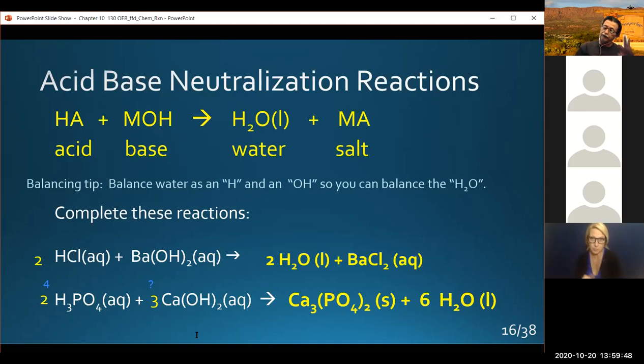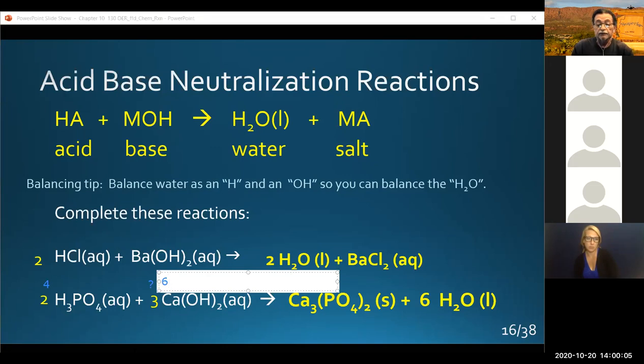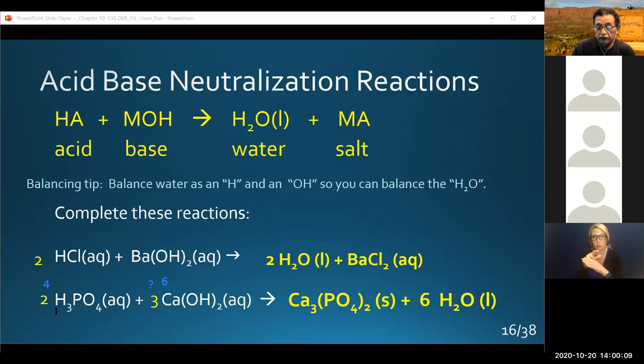If I have 4 phosphoric acids, can you tell me how many calcium hydroxides I need? 6. Okay, 6. Yeah, exactly. I need 6 of them because my ratio is 2 to 3. So if I'm given 4, then I'm going to need 6 calcium hydroxide.